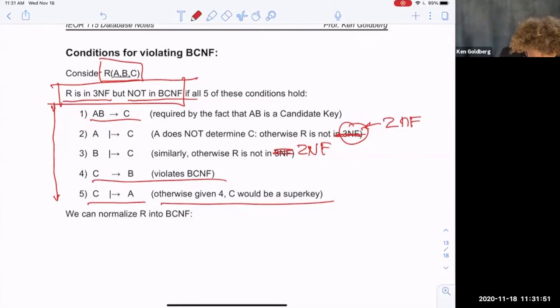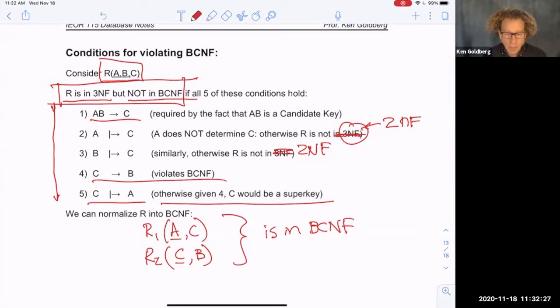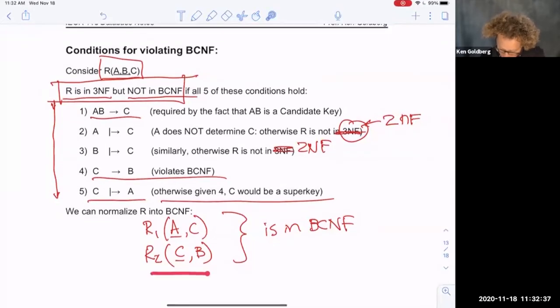And what we're going to do is take it and create R1, which is going to be A, C, and R2, which is going to be C, B. All right, and this I want to claim is in Boyce-Codd normal form.